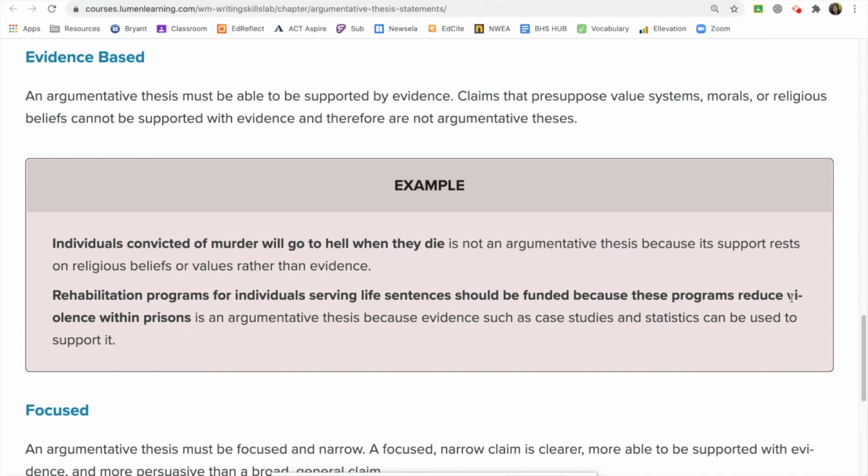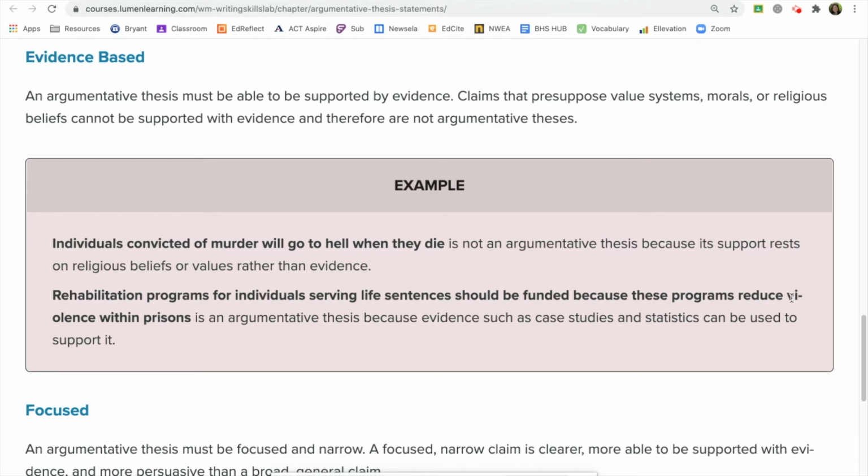Evidence has to be something that you can see in real life, definitive. There has to be data or science behind it. So example, individuals convicted of murder will go to hell when they die. We have no way of definitively proving that, so that cannot be a thesis statement.